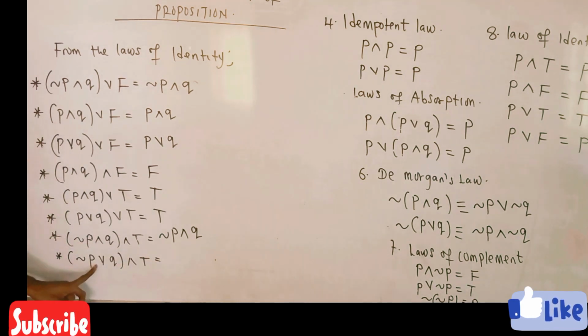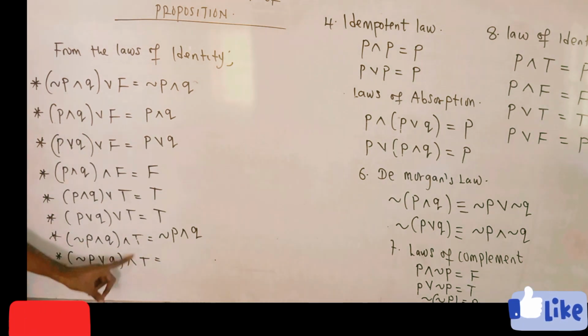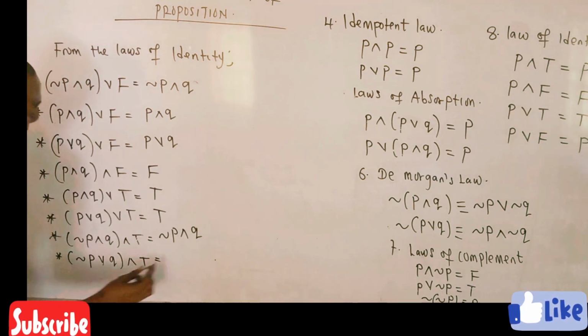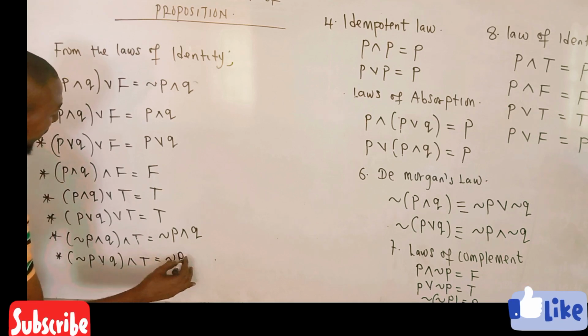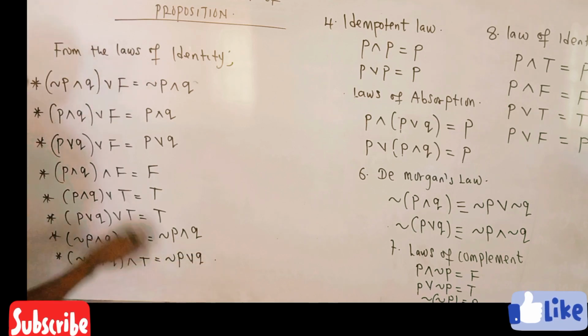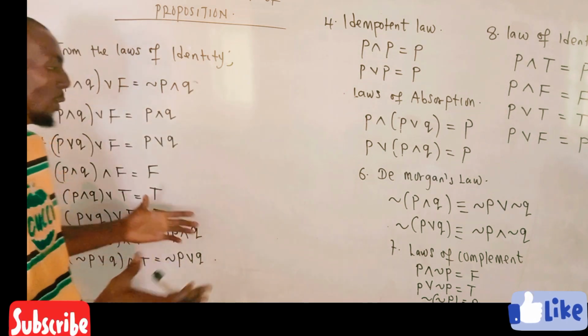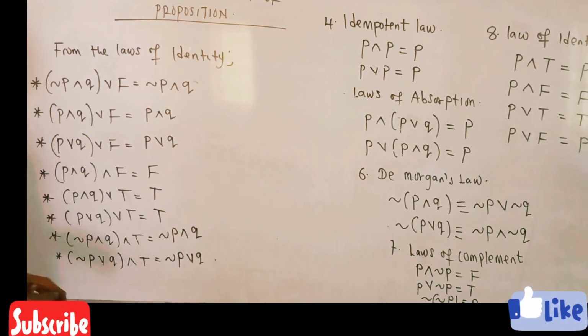If this proposition is false, false and true becomes false. So the answer to this combined proposition depends on this particular proposition on the left side. So we have the negation of P or Q. So here are the additional terms and propositions to support law number 8 to expand it more.